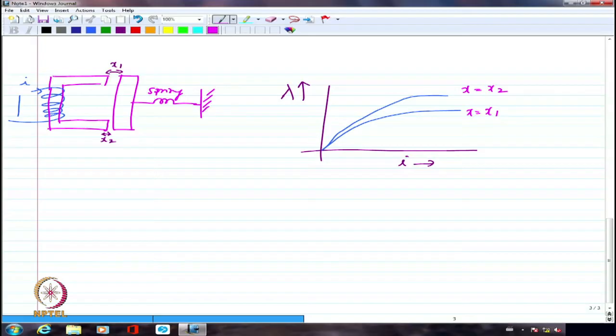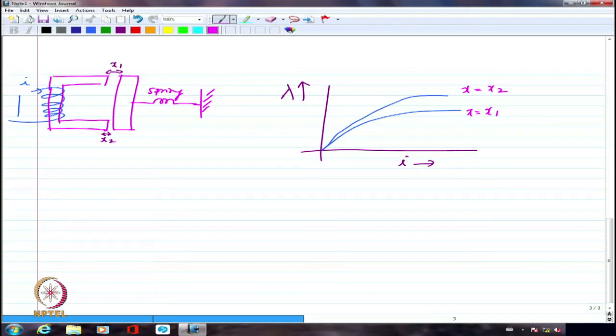And considering that the resistance of the circuit is a constant, the current can remain a constant. What I mean is, I am giving sufficient time so that the current almost persists at a constant value no matter what. That means the time constant of the circuit is going to be much smaller than the time taken for the movement. That's what I'm assuming.